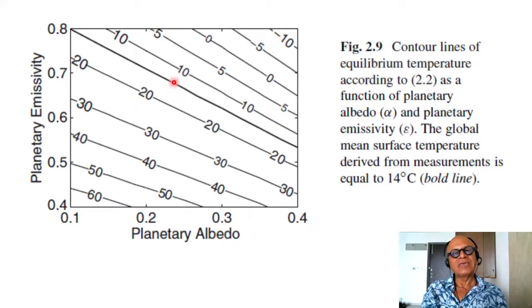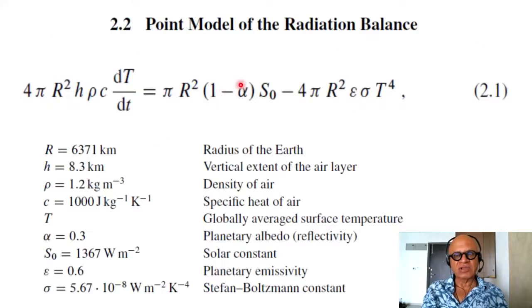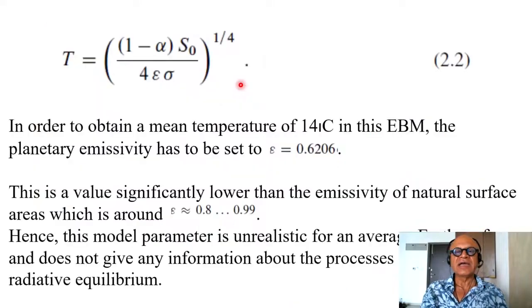So given the planetary albedo estimated from the satellite of 0.3, we can find the emissivity that gives us a realistic temperature of 14 degrees global mean surface temperature here. Then you have to see whether this planetary emissivity we are getting with our parameterized model here is realistic, and it turns out that the equilibrium solution looks like what we had before.